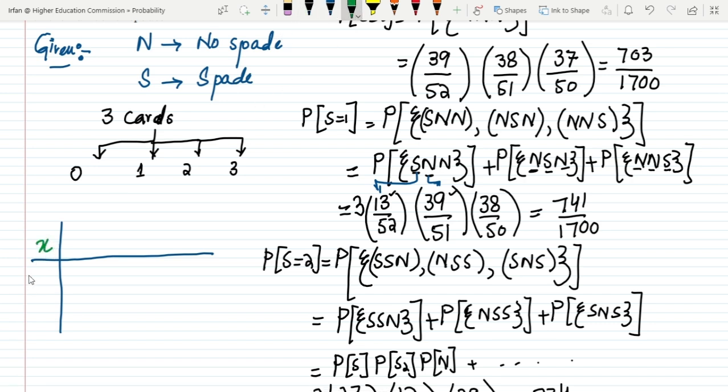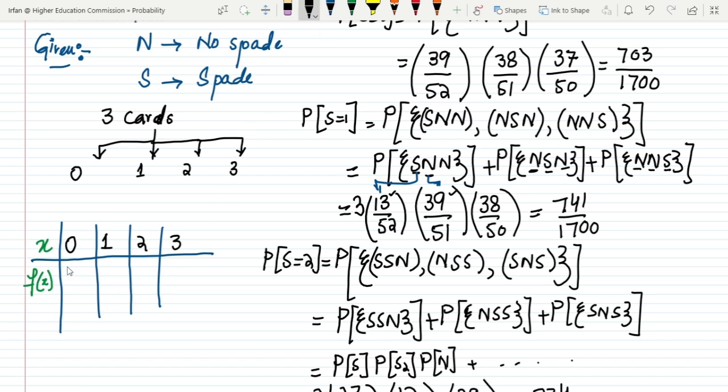So this is x, this is f of x, which is the probability. The first value of x, or spade, is 0, the second one is 1, then 2, then 3. So these are all the values of x.